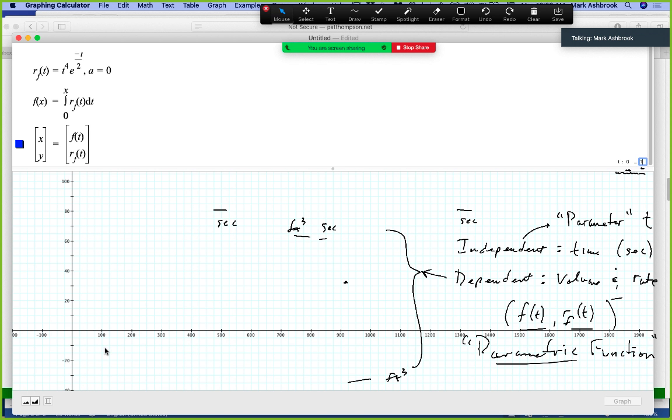I want to leave it at t equals 0 to 1, but I want to adjust my parametric function to show the whole graph, so that if I had other functions that I was showing, they might all have different ranges of t that make sense. But I only get one range of t when I'm graphing on the same axes. So how can I adjust this now?